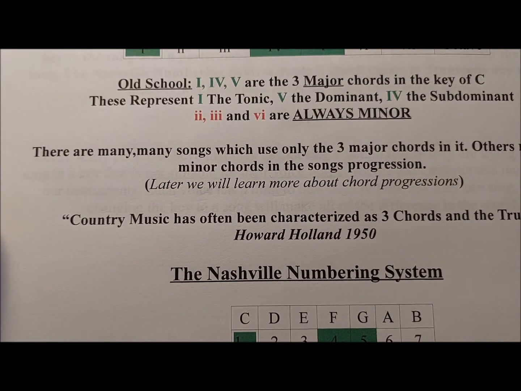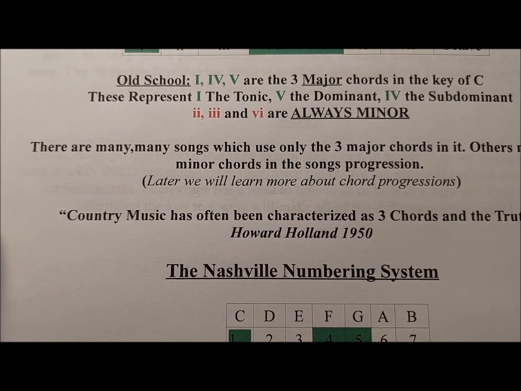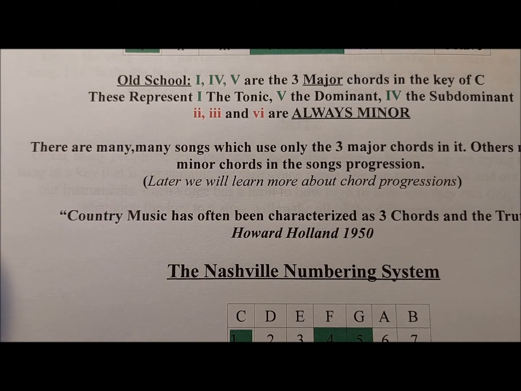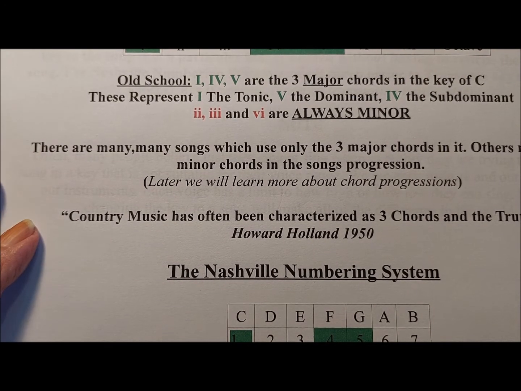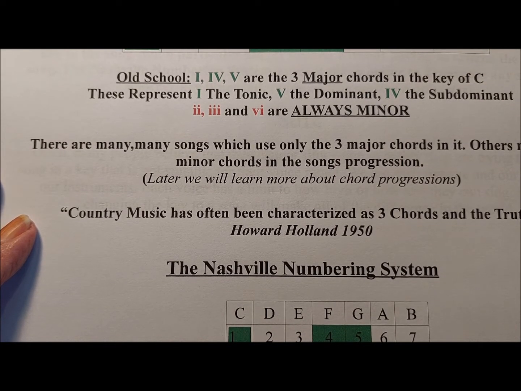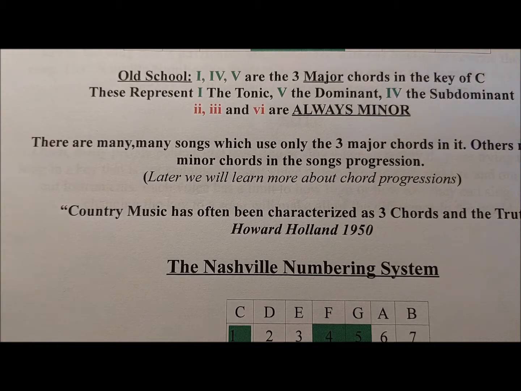There are many songs which use only 3 major chords in them. Others may add minor chords in the song progression, but later we'll learn about chord progressions, okay? Country music has often been characterized as 3 chords and the truth. That was by Harlan Howard.